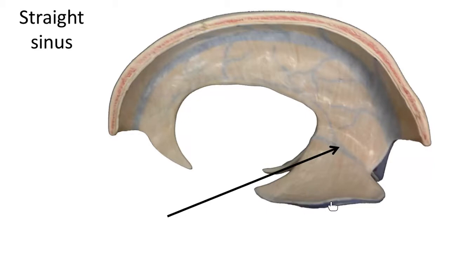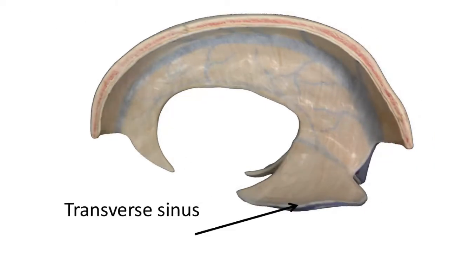So the tentorium cerebelli will actually meet up with parts of the parietal and occipital bone here. That creates its own space, the transverse sinus. This is not the best representation of it. Just label it. I'll show you a better representation of it on the next slide.